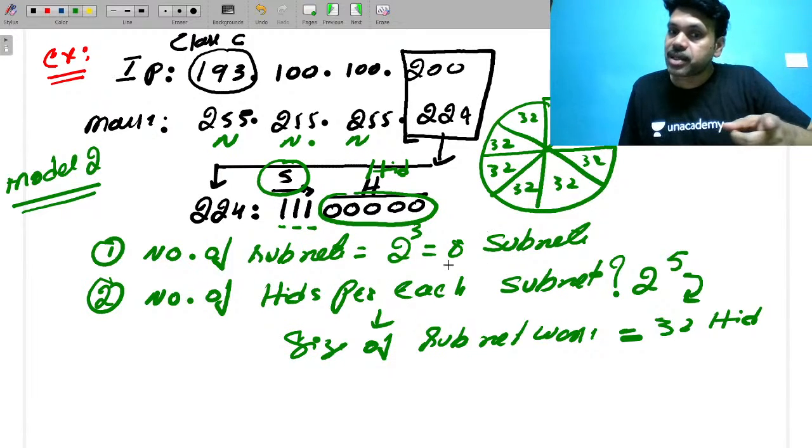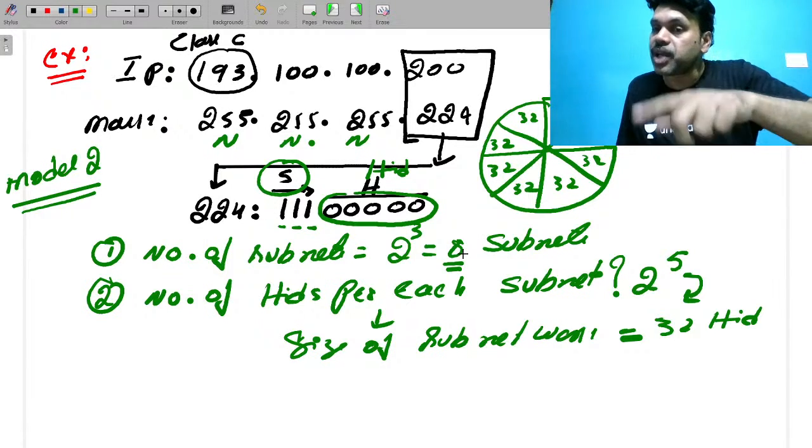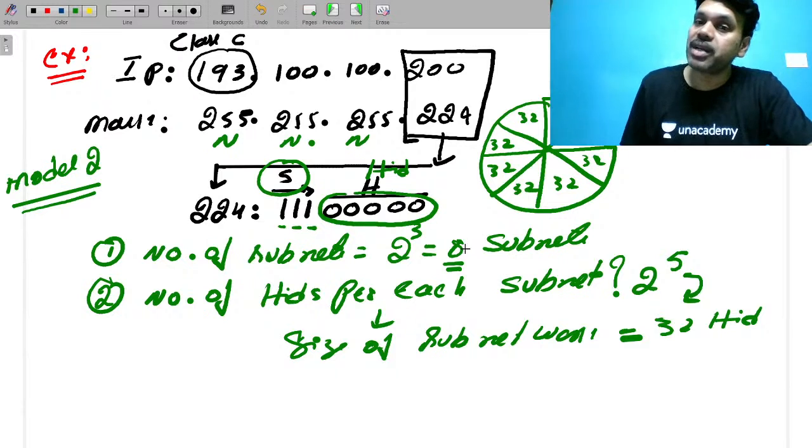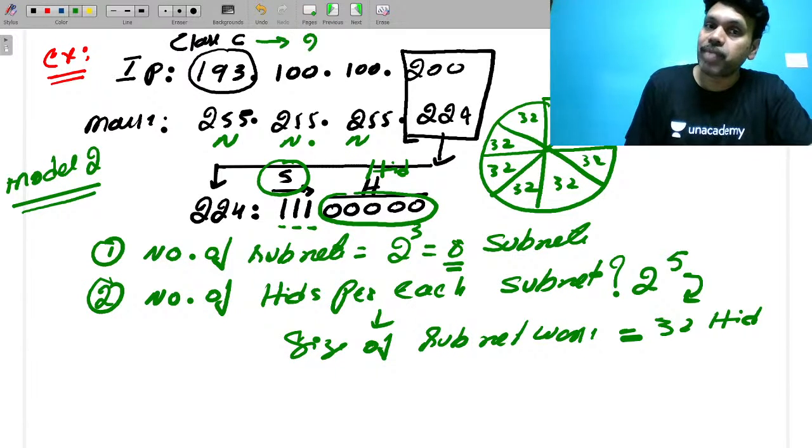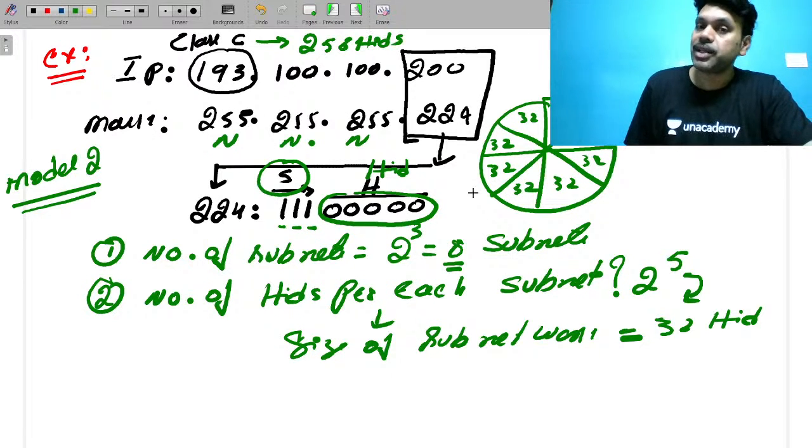So 8 subnets, and 8 into 32 is nothing but 256 HIDs. Because a class C can give you a maximum of 256 HIDs only. Therefore, 256 HIDs divided by 8 parts, you get 32 HIDs for every part.